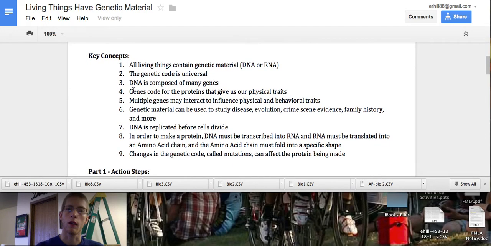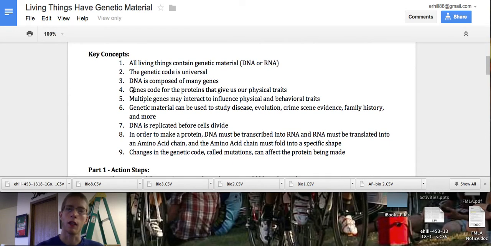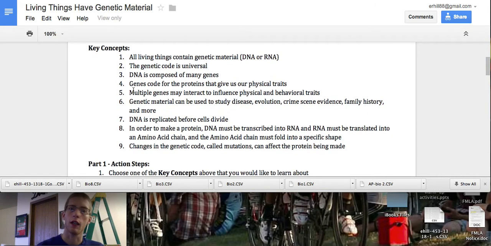So we've talked about DNA and each strand of DNA having multiple genes that code for different proteins. And we talked about how those proteins are made and the applications to that in the study of disease, evolution, crime scene investigation, identifying family history, all of those things.